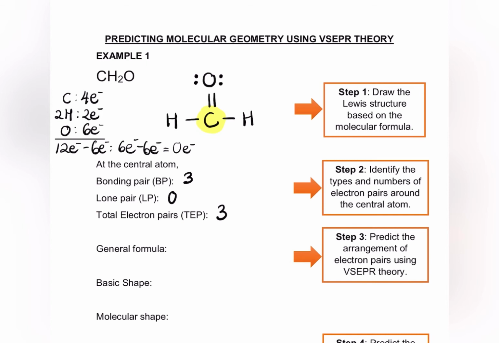So general formula bergantung kepada bilangan bonding pair dan lone pair. So because I got 3 bonding pair sahaja, so it's going to be AB3. So A adalah saya punya central atom, B adalah bilangan bonding pair saya iaitu 3, dan 3 di bawah. So from here, AB3, what is the basic shape?